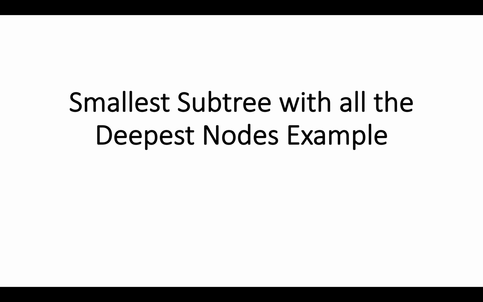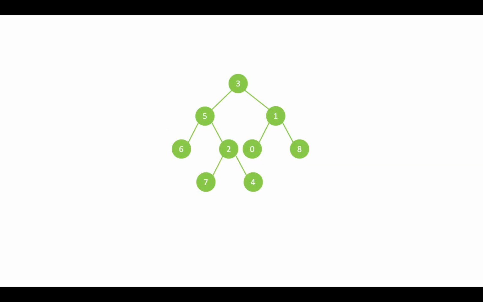So let's begin. Suppose we have an input tree like this, and we want to get the smallest subtree with all the deepest nodes. From this tree, we can see that the deepest nodes are 7 and 4.